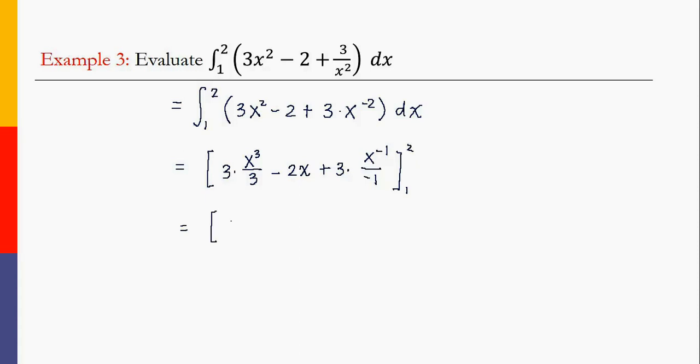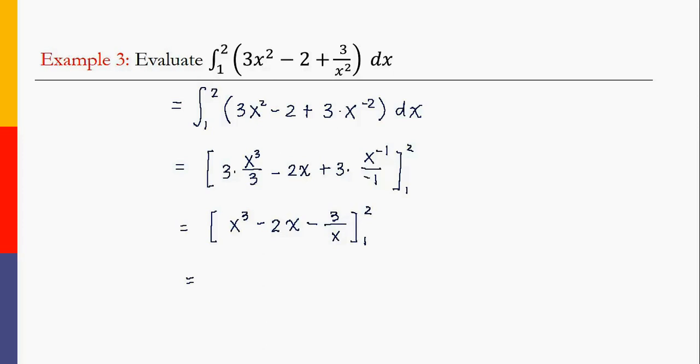Now we write this in a simplified form. 3 times negative 1 is negative 3. x to the negative 1 power is 1 over x, so we have negative 3 over x. Evaluate it from 1 to 2.